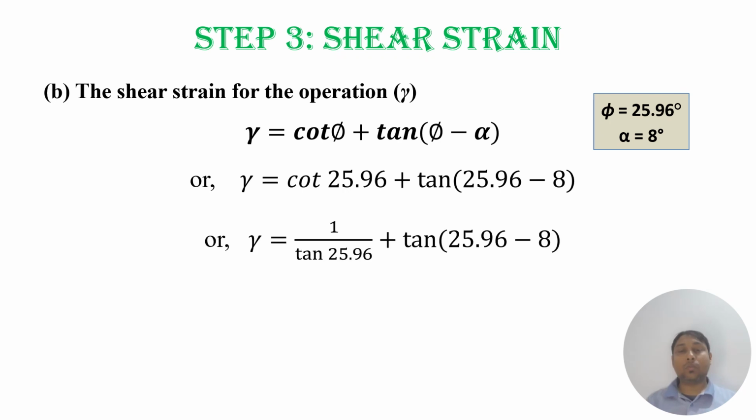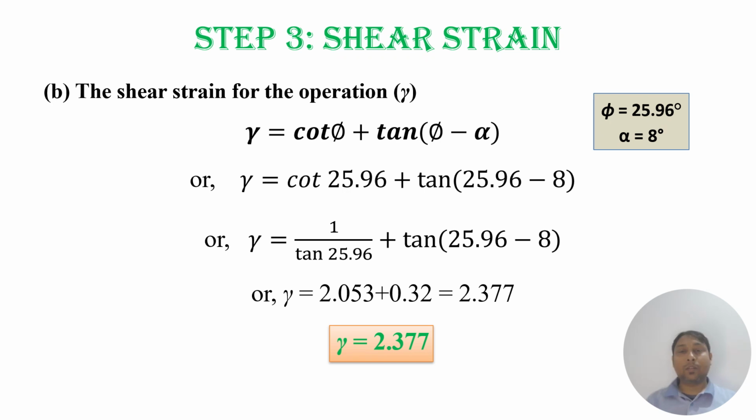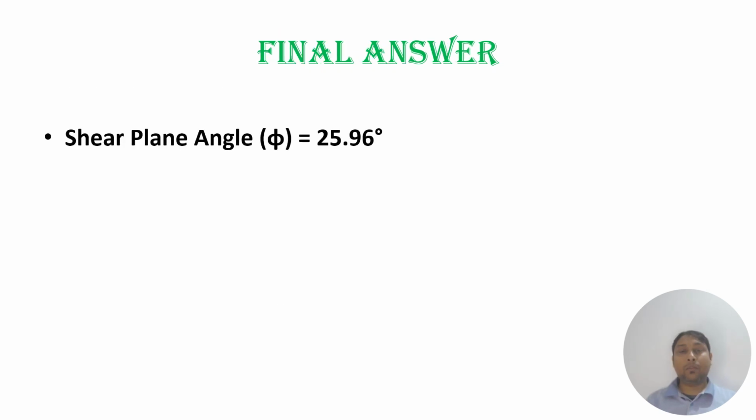So to solve this, we know the relation cot equals 1 by tan, and by this relation you can easily solve it with the help of a scientific calculator. Finally we got the value of shear strain, that is 2.377. Now we have found both the shear plane angle and shear strain.